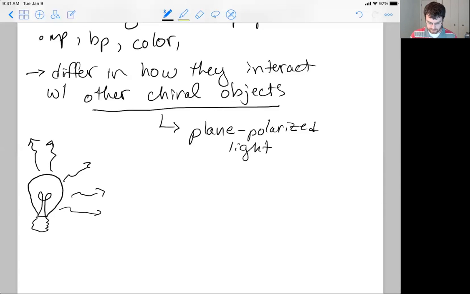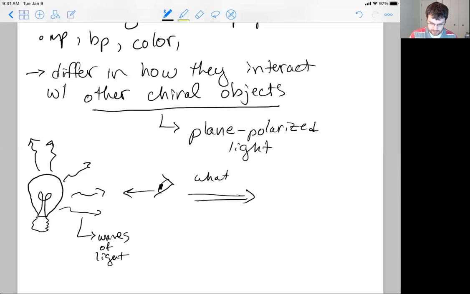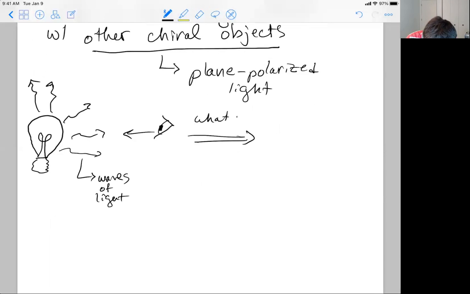Radiation. So I've got these sort of waves of light drawn. And we see the light. If we look at the light, we could even draw a Newman projection. So here's my Newman eye. So what we see is as follows.